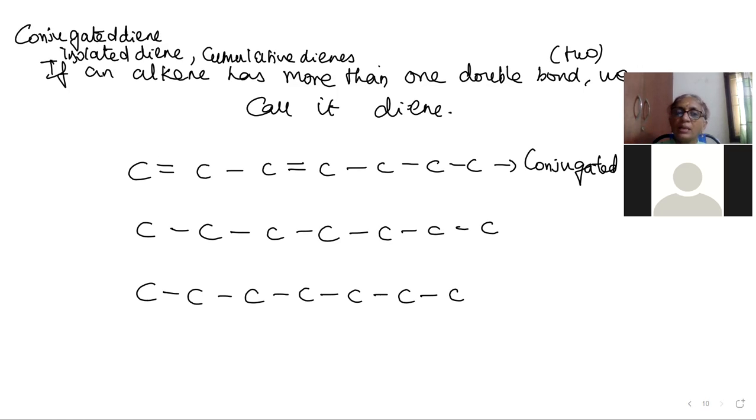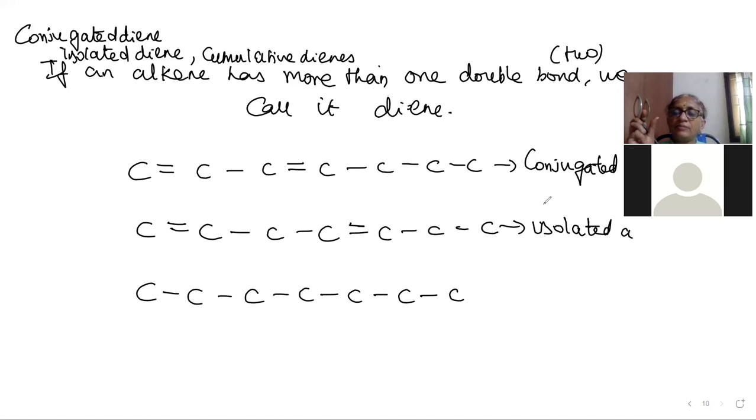Okay. And when you call it isolated diene, isolated means separated by more number of sigma bonds. It could be either 2 or 3 or 4, anything. You put it in any random position. This is an example for isolated, there is not a conjugation, and it is not cumulative also.